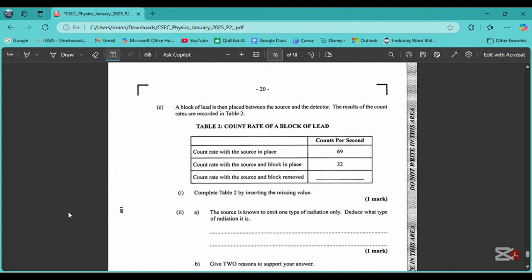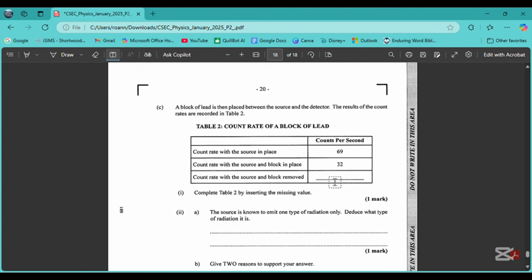Right. So a block of lead is then placed between the source and the detector. The results of the count rates are recorded in the table below. Count rate with the source in place is 69. Count rate with the source and block in place is 32. So what is the count rate with the source and block removed?